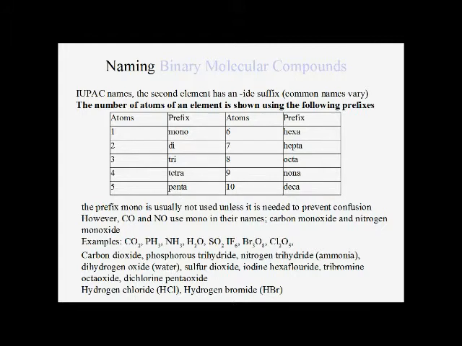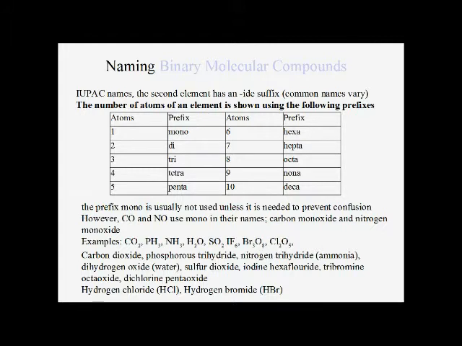So we do not use the prefix mono much. We do not use it on the first element ever, and on the second element we use it when necessary to prevent confusion of names.